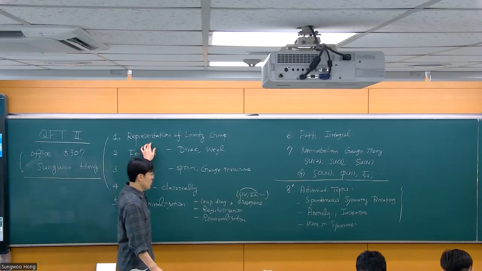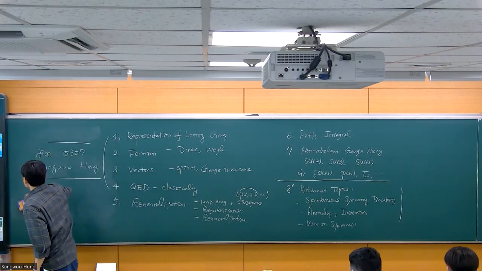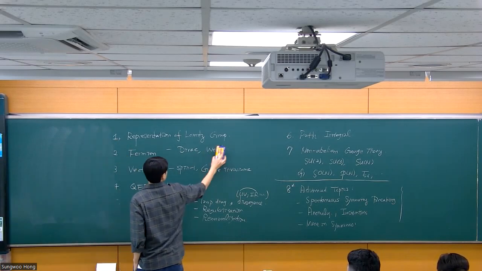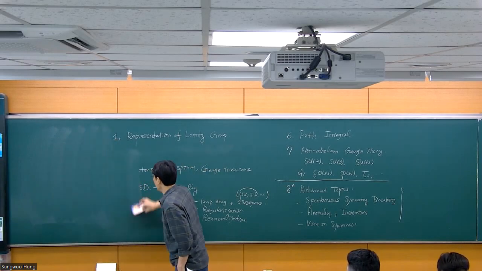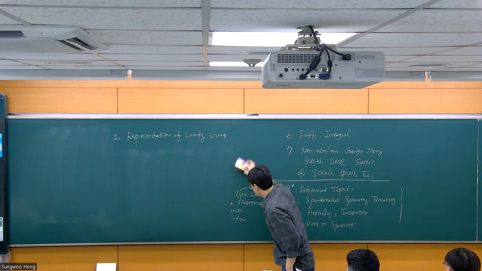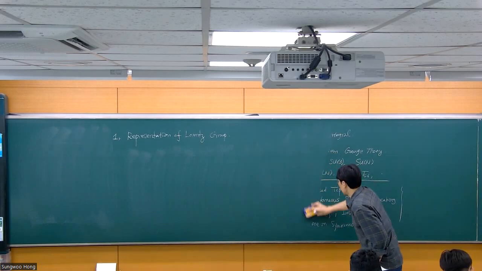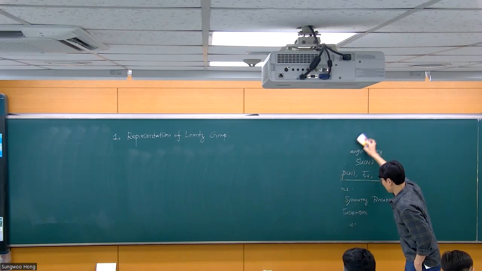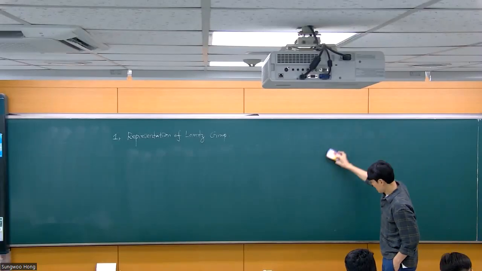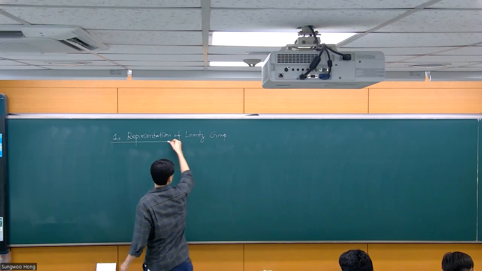Okay, so now we're going to talk about the representation of the Lorentz group. So you remember everything I said last semester, so well that I don't have to repeat anything from there, right?